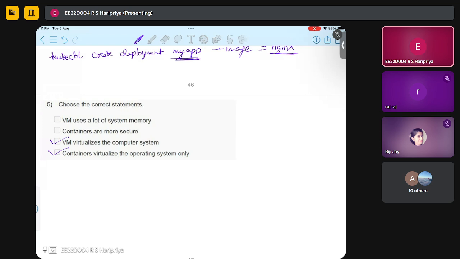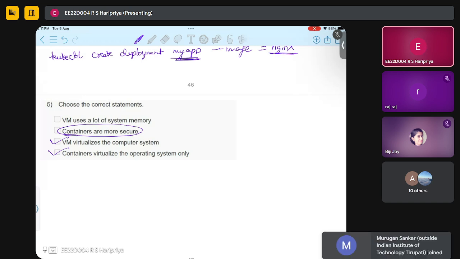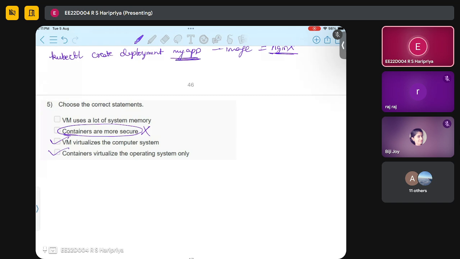And why is the security statement not true? Containers are not more secure, because containers share the host OS kernel, so they have a smaller isolation boundary compared to the virtual machines. So with respect to security, it is not true.